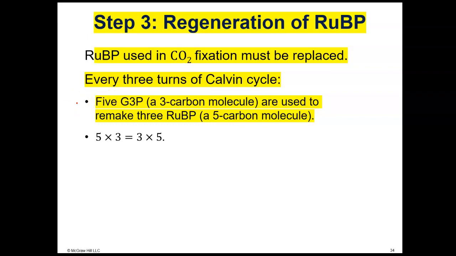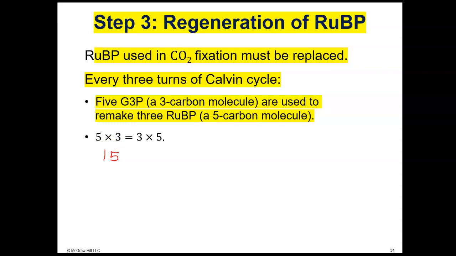For every 6 G3Ps that are produced, 1 can be used to be food for the plant. The other 5 are used to regenerate RuBP. And the reason is because G3P has 3 carbons. So if you take 5 G3Ps times the 3 carbons, that's 15 carbons. 15 carbon atoms in 5 G3Ps.